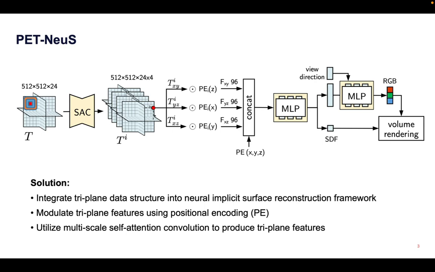We first integrate the triplet data structure into the neural implicit surface reconstruction framework. We then modulate triplet features using positional encoding. Finally, we utilize multi-skill self-attention convolution to produce triplet features.